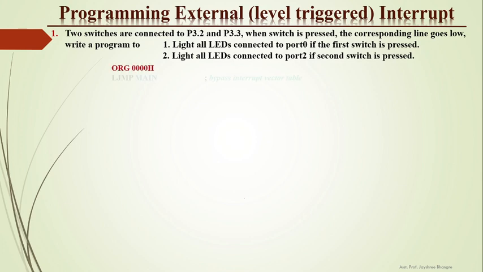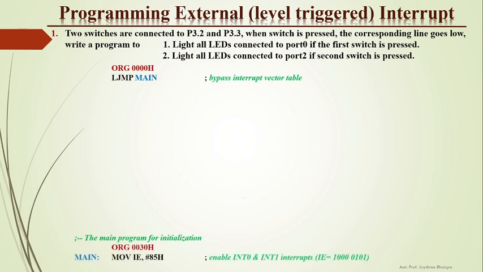So here is the starting location of our program, and again using this LJMP main instruction we bypass the interrupt vector table. So here is the main program. Our starting address, or the initialization program, is stored at 0030H. Here we are initializing the IE register, that means we are enabling the interrupts. We have to use both int0 and int1 interrupts, so we are moving the value 85H to the IE register.